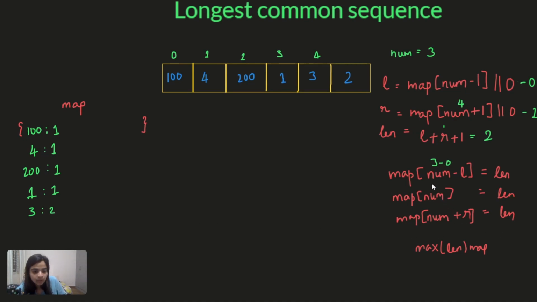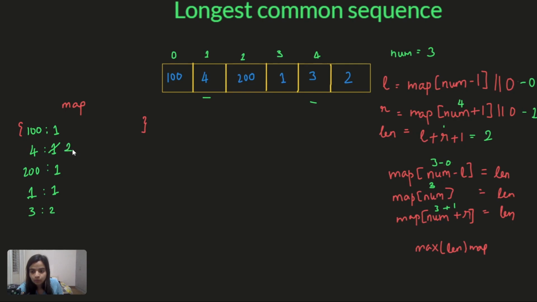Map of num is 3, that is 2. And map of 3 plus R is 1 in this case. So map of 4 will be updated to 2. If you can see, right now our longest consecutive sequence is 3 and 4, right?